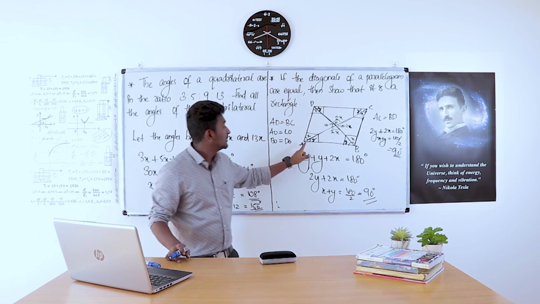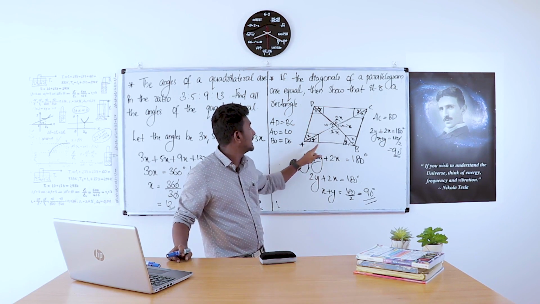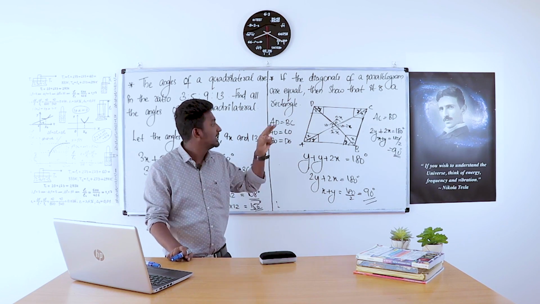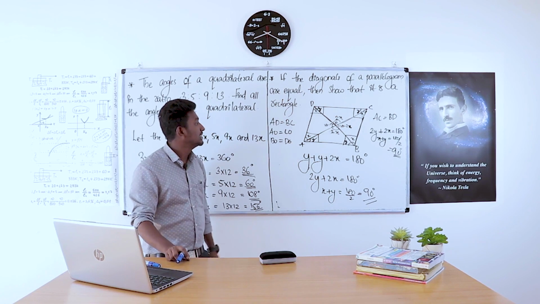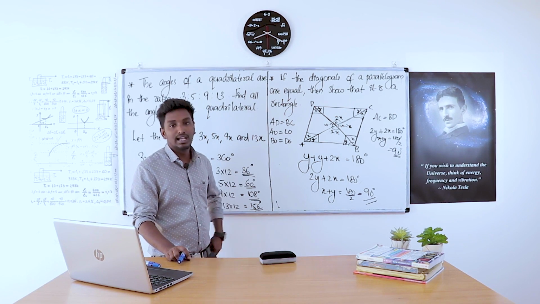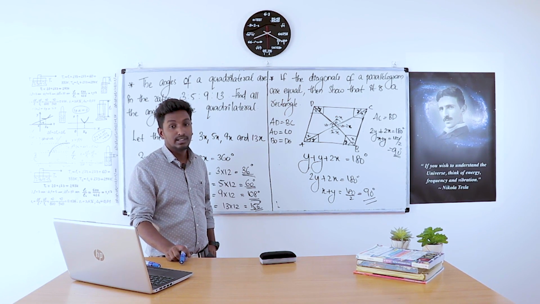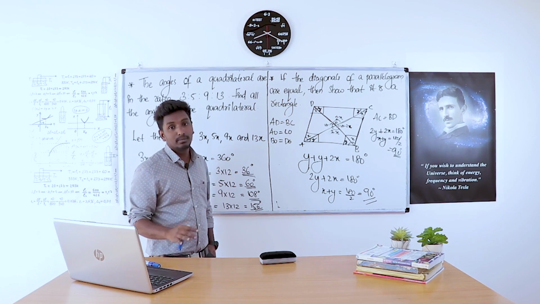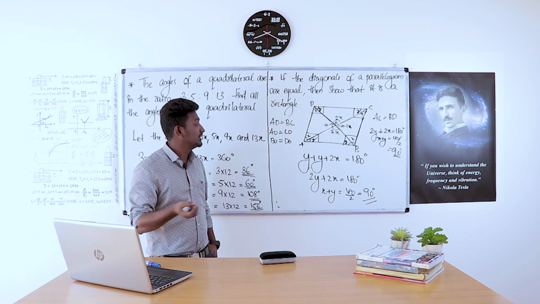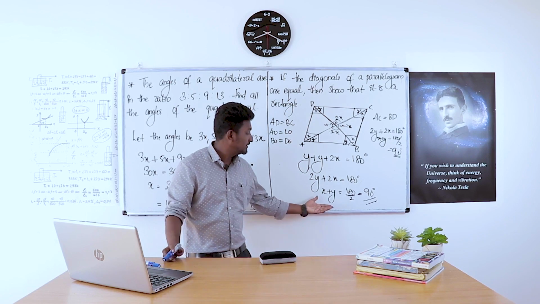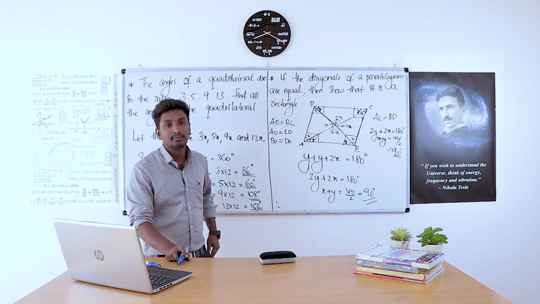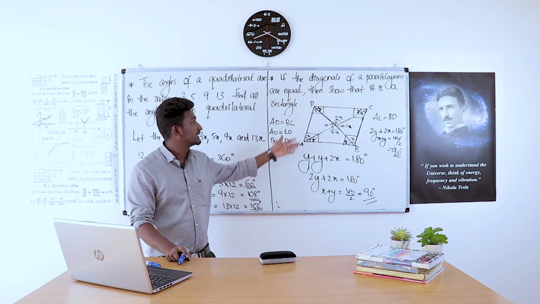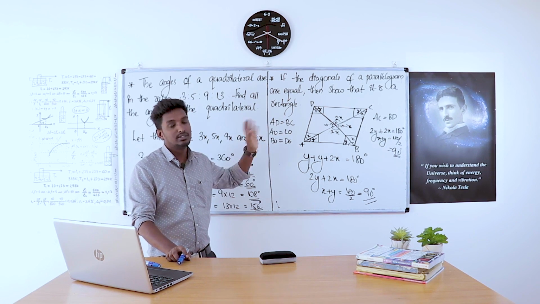I showed you the first method, taking triangles ABD and ABC, and then the second method, taking the four triangles and solving using x and y angles. Any method you can take, method 1 or method 2, but I think you can solve it more easily by method 2. We got the answer as x plus y is equal to 90 degrees. Clear? Any doubt? Just try to solve it by method 2, then it will be easy for you.